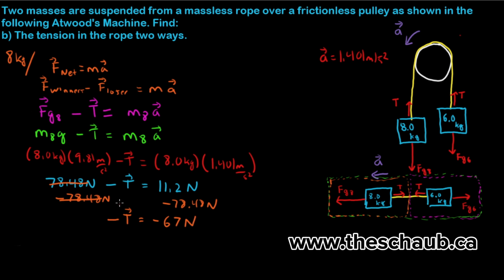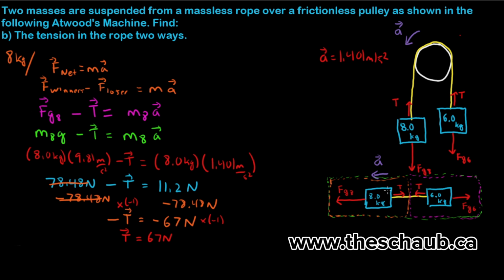To get a positive value for tension, we multiply both sides by negative 1. So negative 1 times negative tension equals tension, and this is equal to negative 67 times negative 1, which is 67 newtons. So the answer to part B, the first part of part B, is 67 newtons.